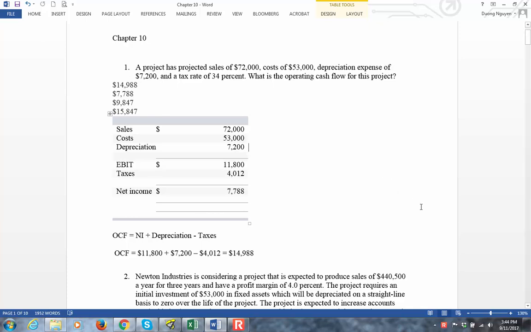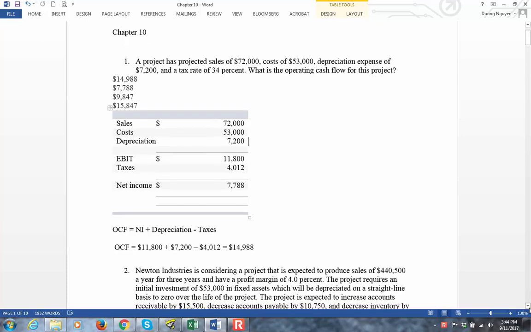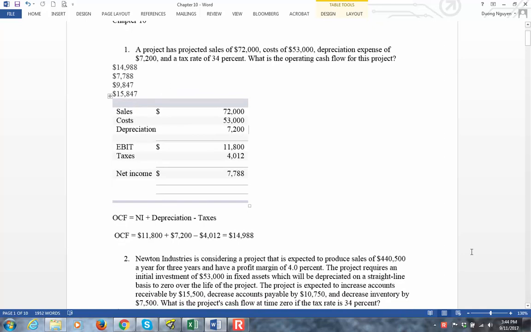Now, if you read the book, there are a couple of formulas for the operating cash flow, OCF. I am using one of the formulas over here. All these formulas should give you the same answer.